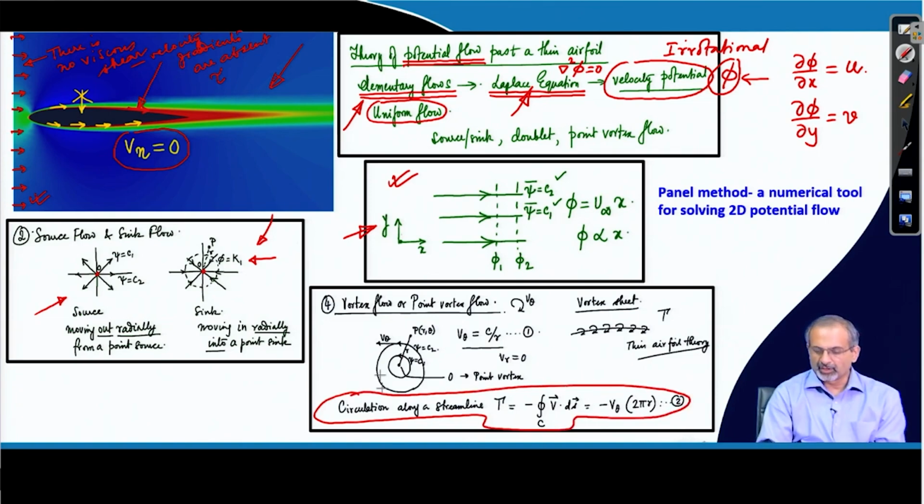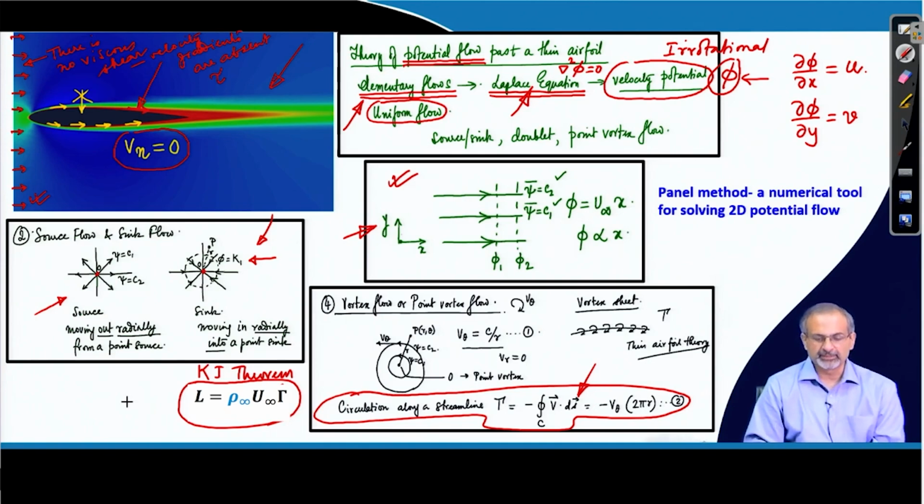If we moved around a streamline around the point vortex, we found that there is a net non-zero circulation which is being produced by that point vortex. Again, we recall from the Kutta-Joukowski theorem that the lift per unit span depends on the circulation around the concerned body.